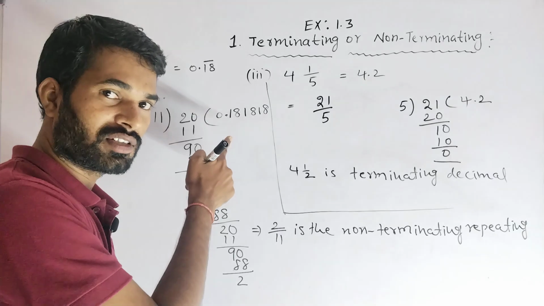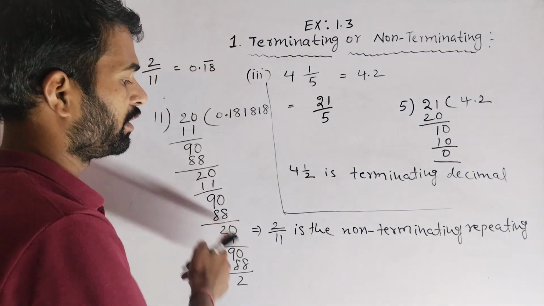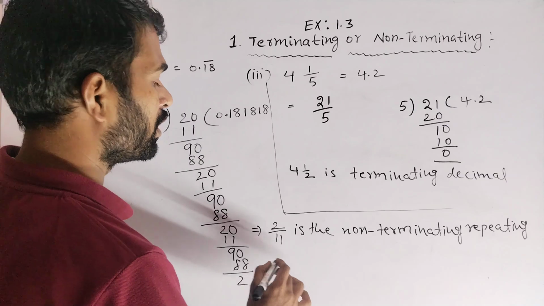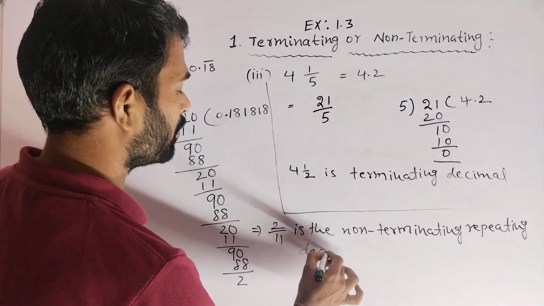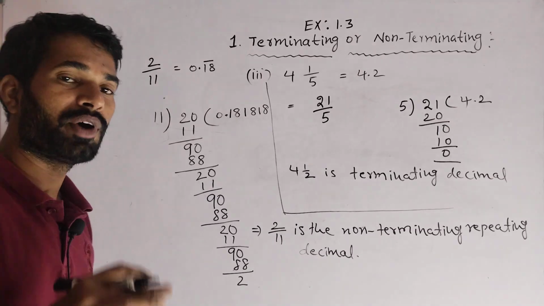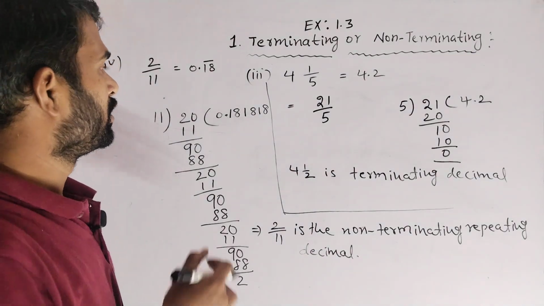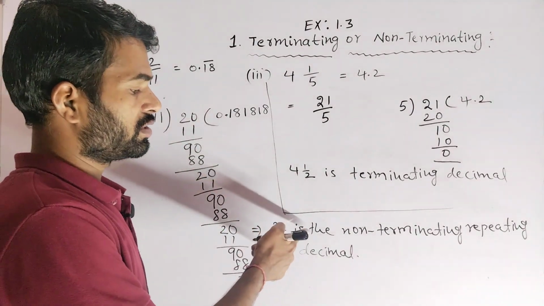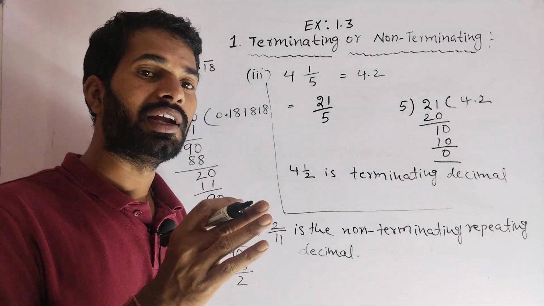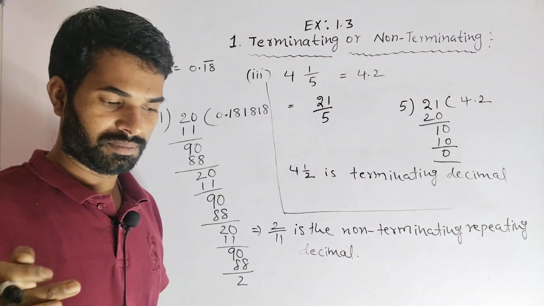Non-terminating, it cannot stop and it is repeating. So 2 by 11 is a non-terminating repeating decimal. That is the answer.